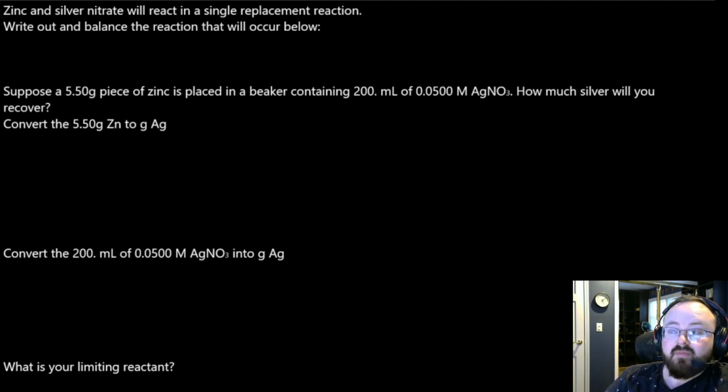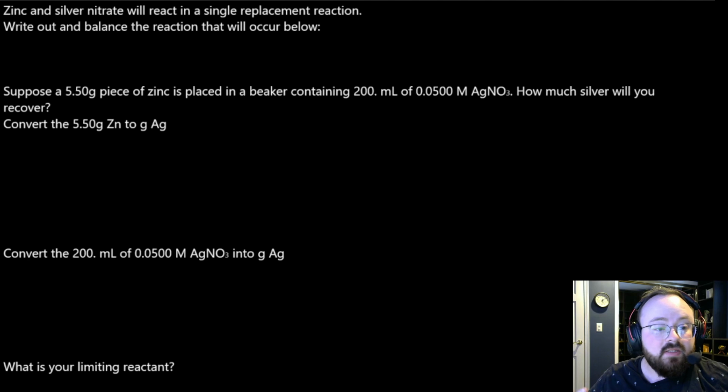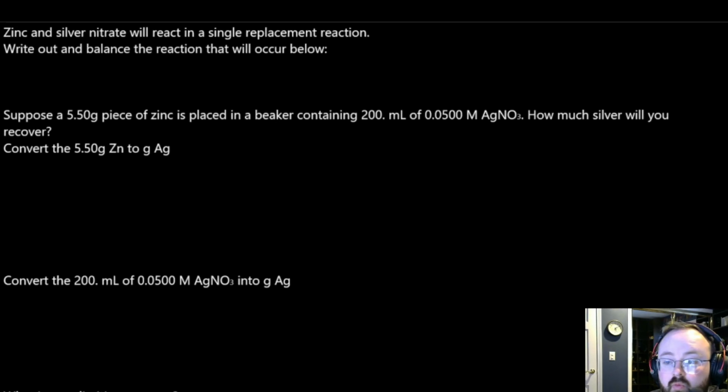And as you've seen before, we need an accurate chemical reaction for several things. An accurate chemical reaction is going to tell us the stoichiometric ratios, those coefficients that we need. In addition, it gives us proper formulas, which tells us what our molar masses are going to be.